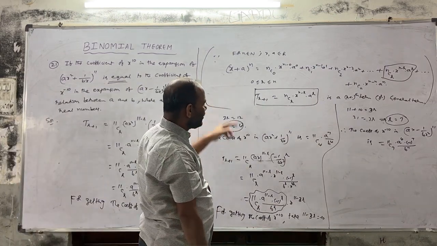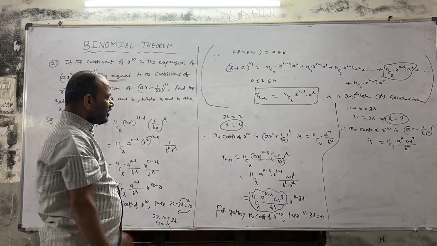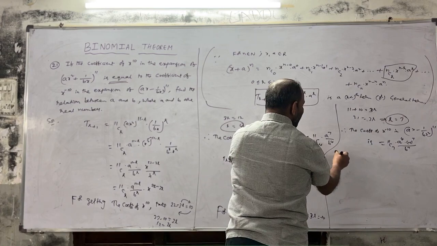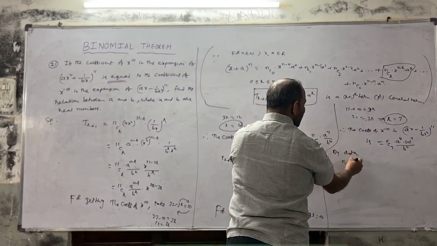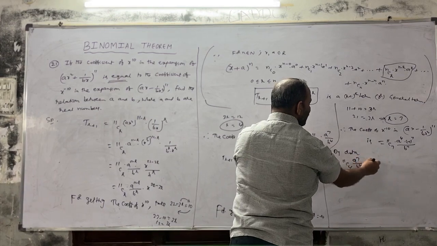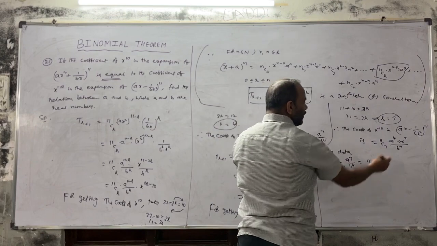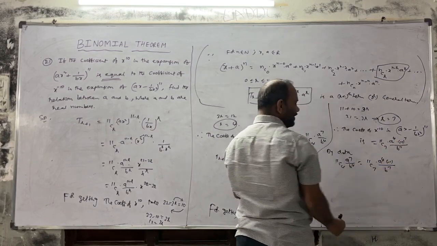Already we got one coefficient from the first binomial expansion, so we can write 11c4 into a power 7 by b power 4 equal to 11c7 into a power 4 into minus 1 power 7, divided by b power 7.